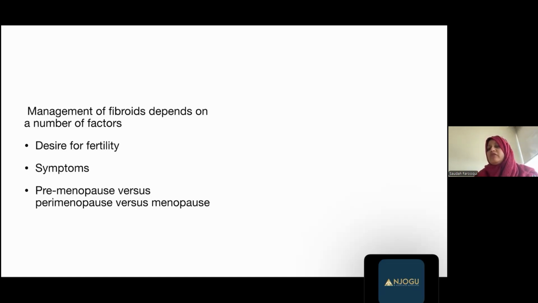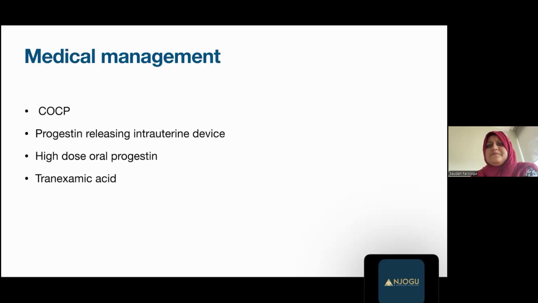Menopause means you have gone 2 years without seeing your periods and you're in proper menopause. So menopause is a diagnosis made in retrospect: okay, now I've hit menopause, I have not had my menses for 2 years. All these will affect what options we give you for the management.